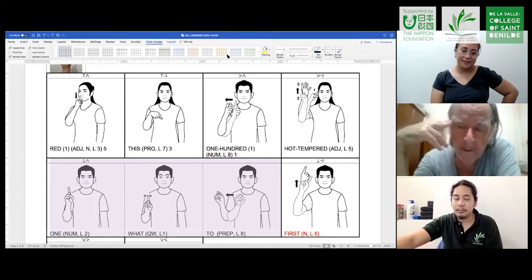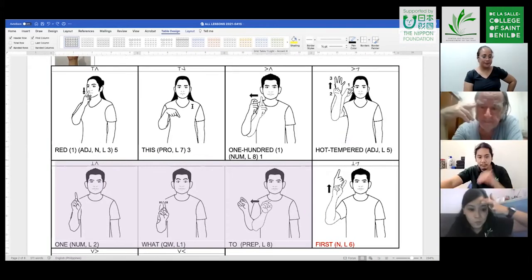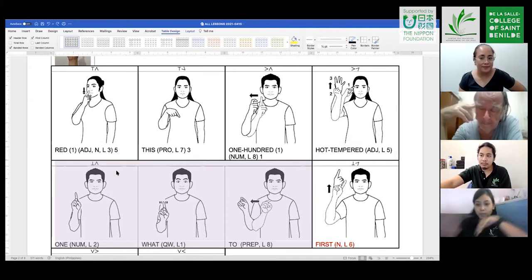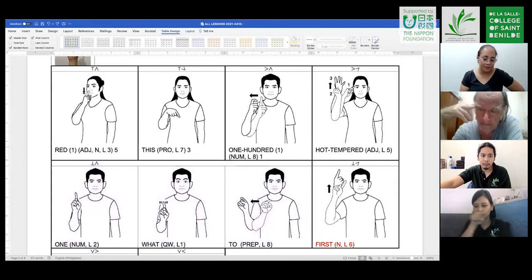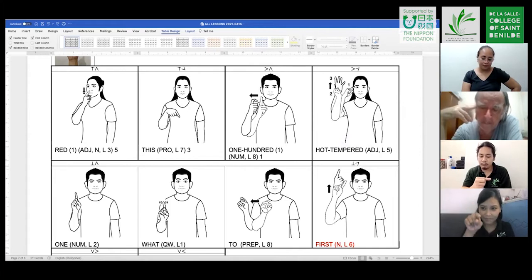Yami, did you want to add? This is Yami. So the problem was two, because if we put this in this group, then it seems like it's all the same location, right?